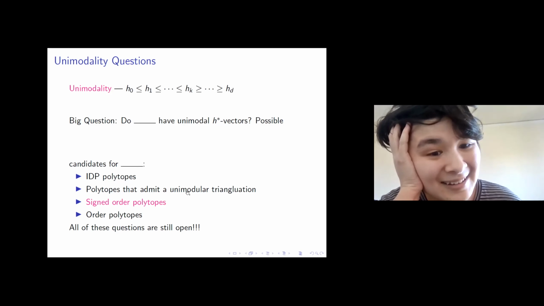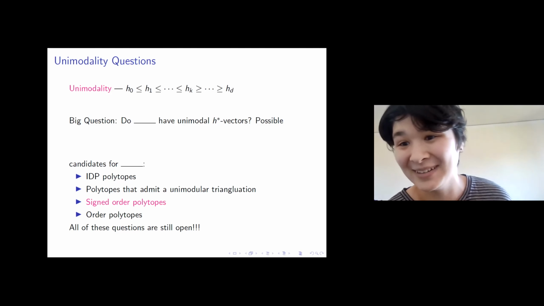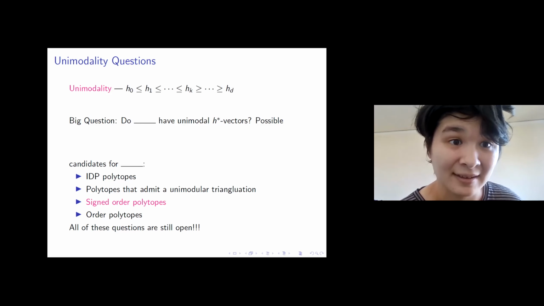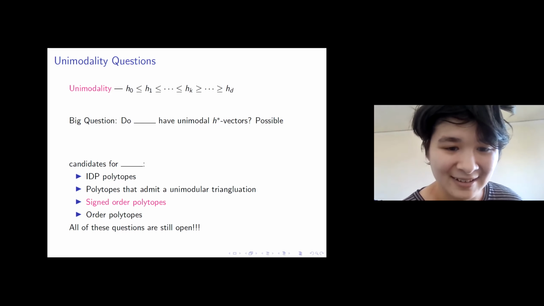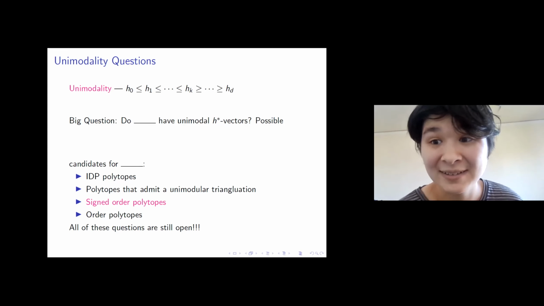So I think the most ambitious way that this project could go is seeing if maybe there is some special family of signed order polytopes that satisfy this unimodality question. But first, we should define these objects and then maybe ask a few more basic questions.